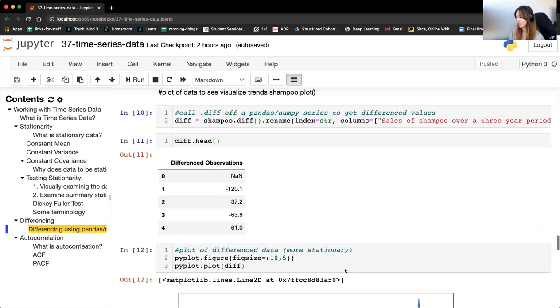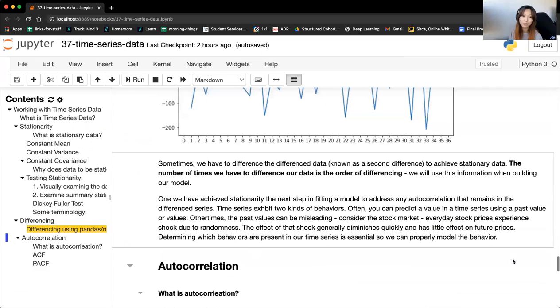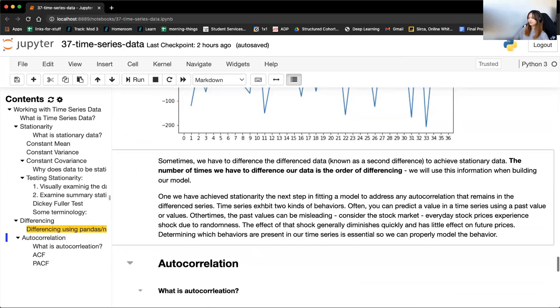So differencing, you can also potentially difference your data multiple times to get it to be as stationary as possible. After stationarity, the next thing we want to address is autocorrelation that remains in a differenced series. Time series data usually exhibits two kinds of behaviors. Often you can predict the value in a time series by using a past value or values.